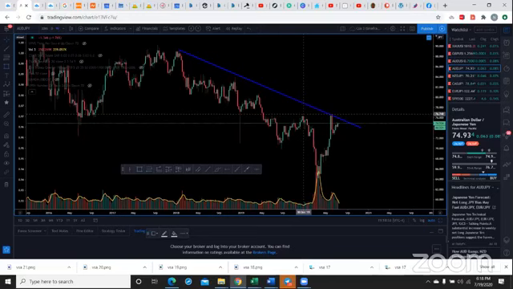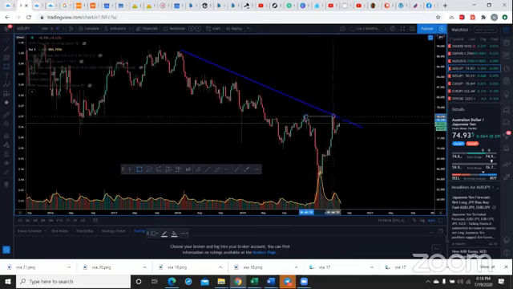Looking for some potential resistance here. Well, coming from this area, we do see, let's go ahead and mark that off.